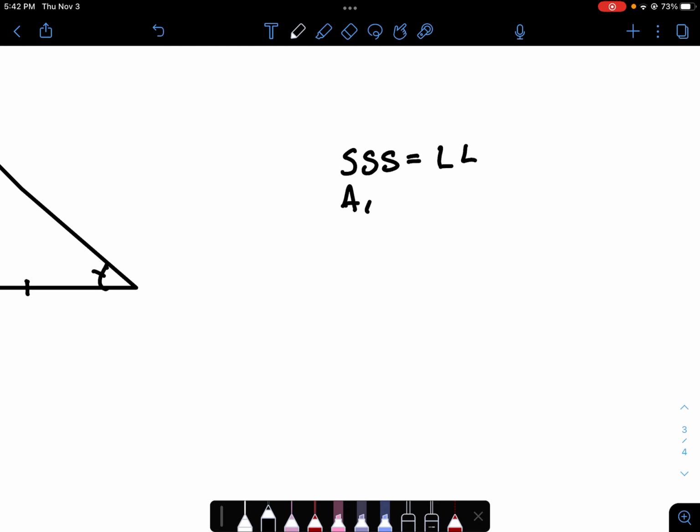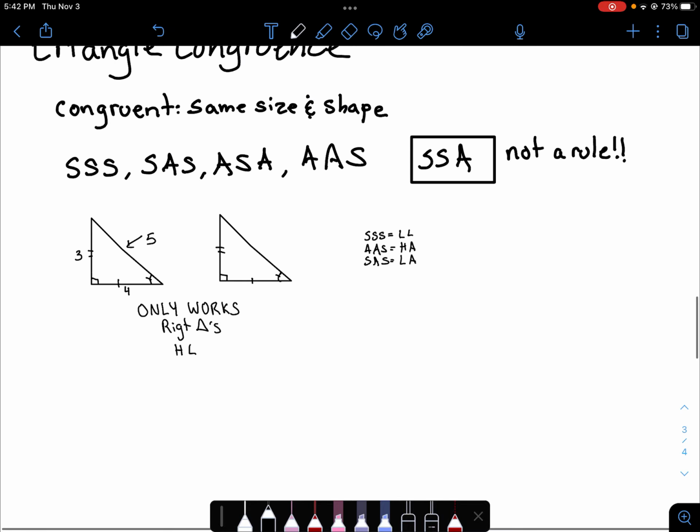For angle, angle, side, it is hypotenuse angle. For side, angle, side, it's leg and angle. And then you have hypotenuse leg.